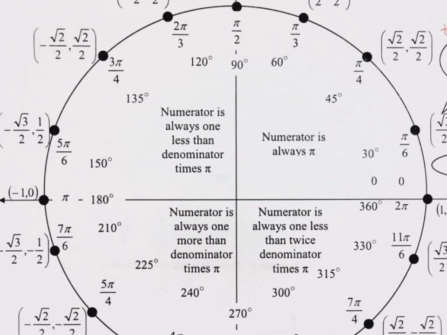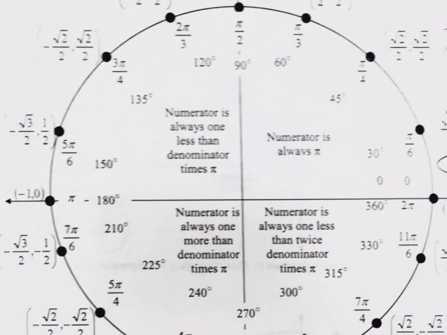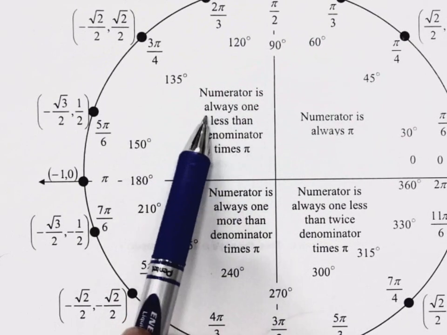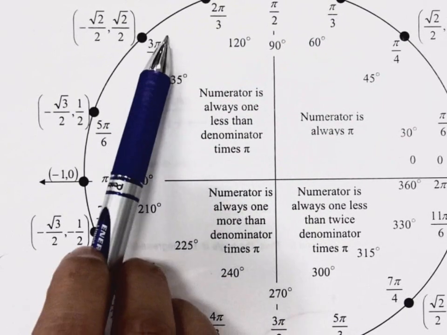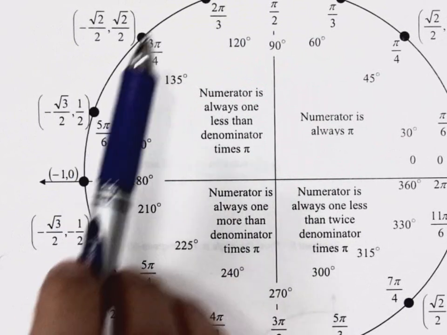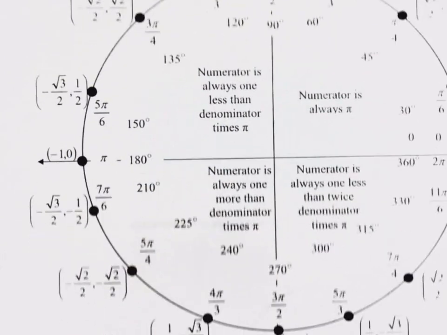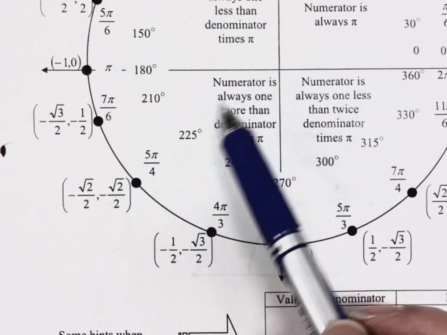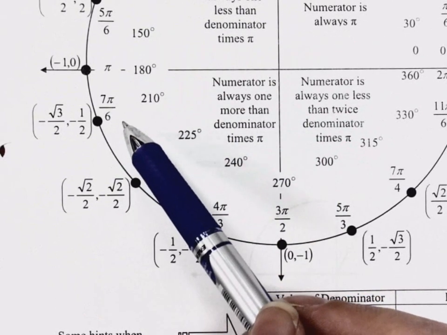In quadrant 1, the numerator is always pi, there's no coefficient on the pi. In quadrant 2, the numerator is always 1 less than the denominator. So 3 pi over 4, 5 pi over 6, 2 pi over 3. In quadrant 3, the numerator is always 1 more than the denominator.